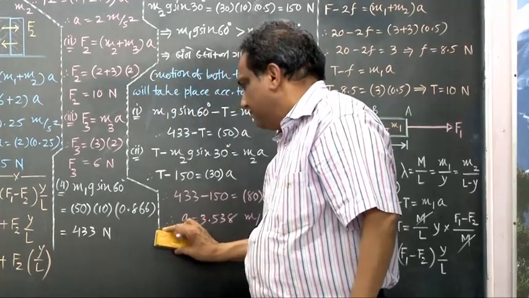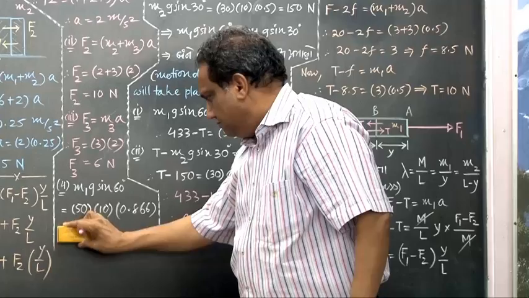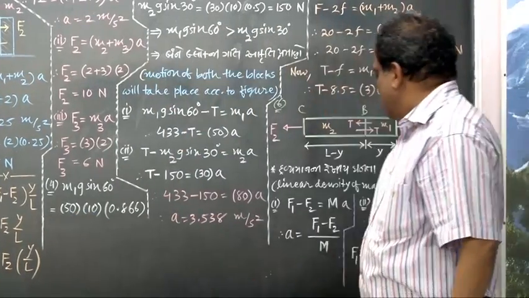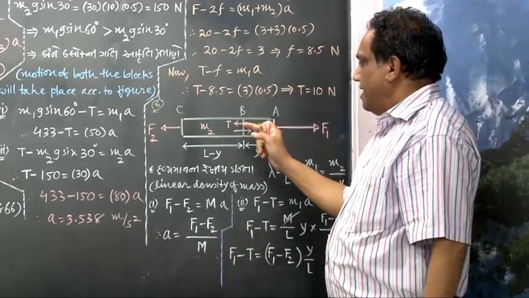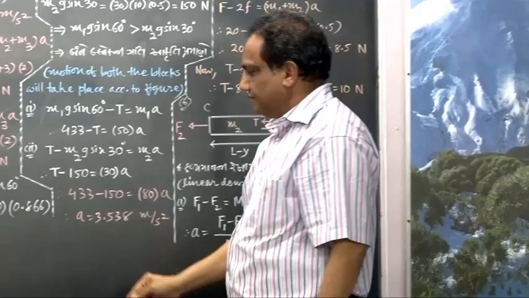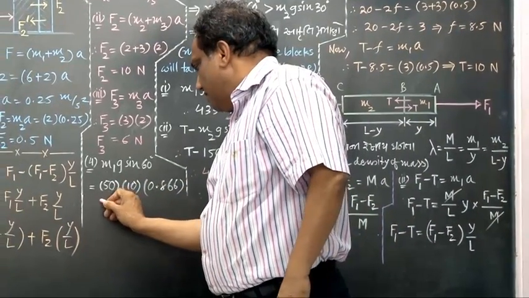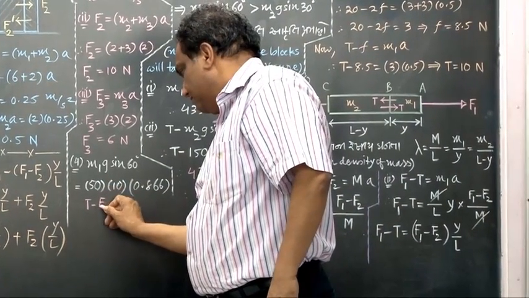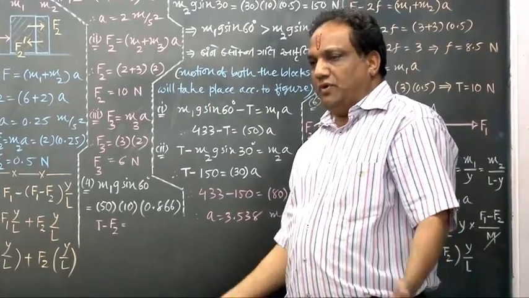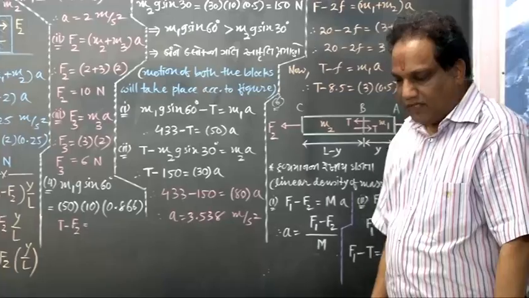Tell me. T minus F2 is equal to M2 into A. What is M2?